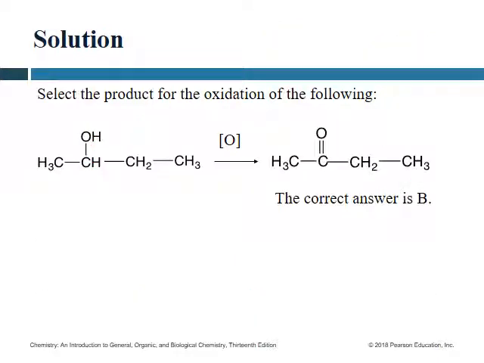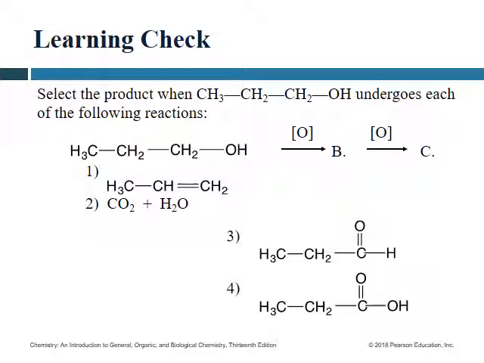Okay, moving on. So for instance, let's try this question. Select the product when this particular alcohol undergoes each of the following reactions. So what is happening here? We have this particular alcohol, CH3, CH2, CH2OH.